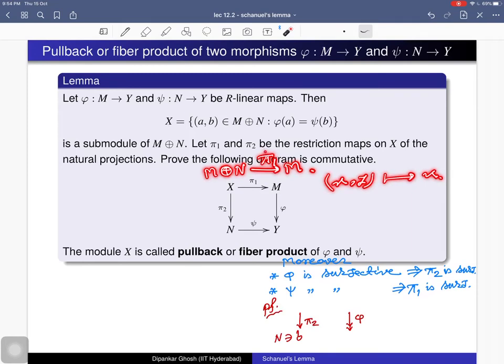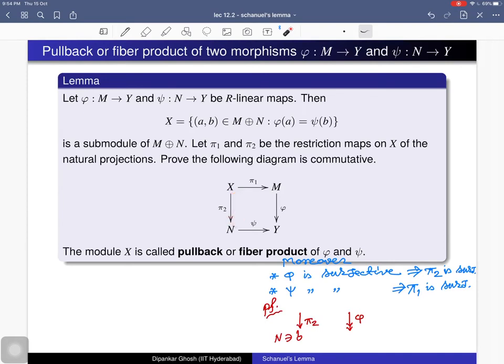Then if we take the restriction of this map on this submodule, that is also giving a module homomorphism. The restriction of a module homomorphism gives another module homomorphism. So this is our pi 1. So pi 1 is the restriction of the projection map on the first component, and this is the restriction of the projection map on the second component.